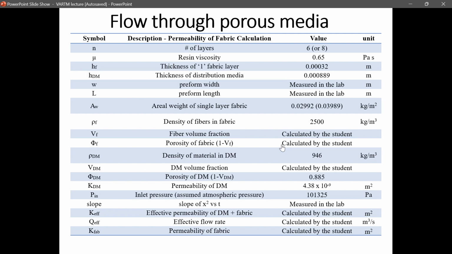In the lab, depending on the number of groups you have in the lab session, there will be different number of layers. So if, let's say you have 3 groups, we're going to build a composite plate with 4 layers of fiber, 6 layers of fiber, and 8 layers of fiber. So they're going to have 3 different plates made. And if you have only 2 groups, there will be 6 or 8 layers of fiber.